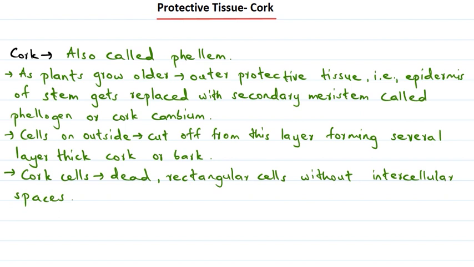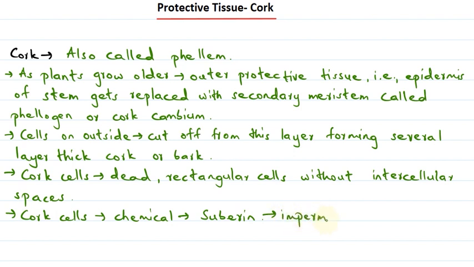The cork cells have a chemical substance, and this substance is known as suberin. The suberin is present in the walls of the cork cells, which makes these cells impermeable to water.